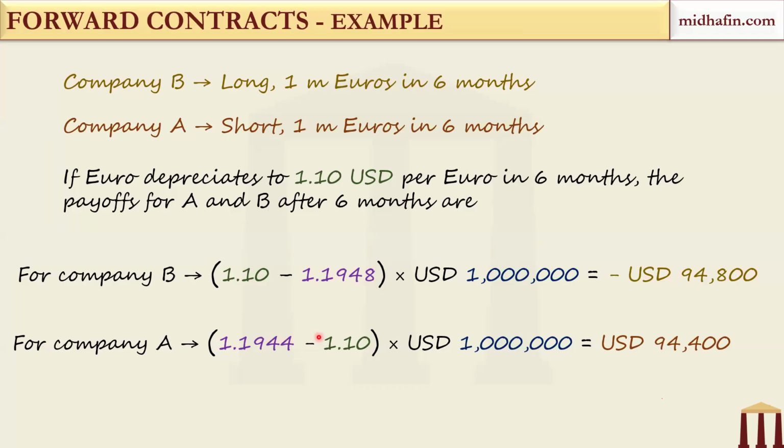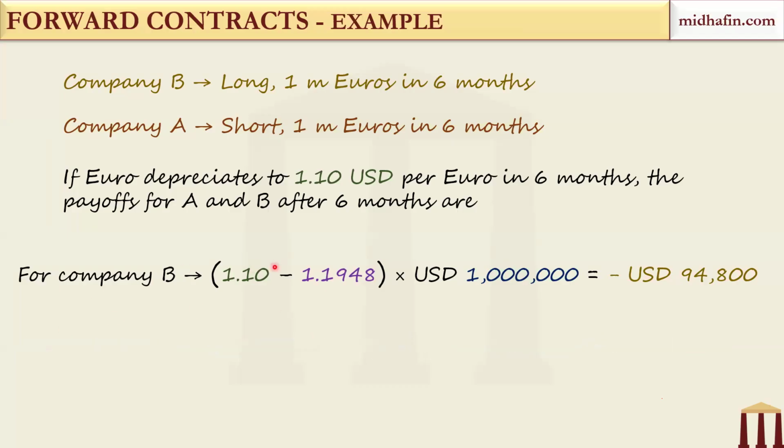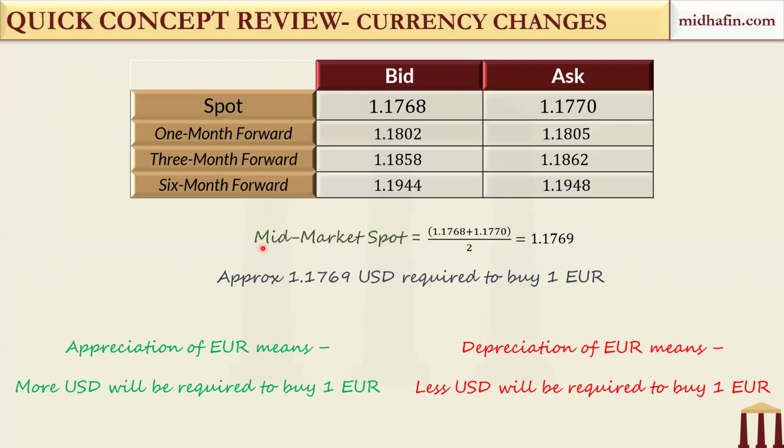For example, if you have a forward contract on a stock, the forward contract will expire. This 6 month forward contract, which has these bid and ask rates, will expire after 6 months.